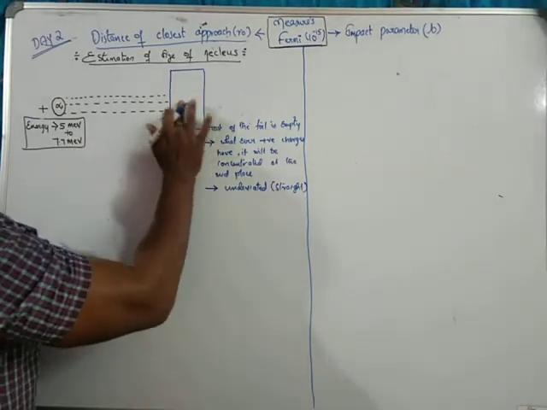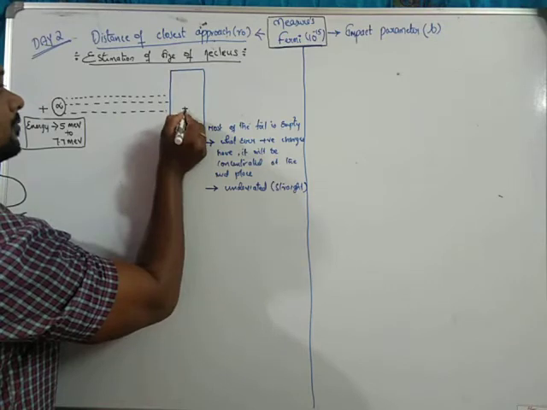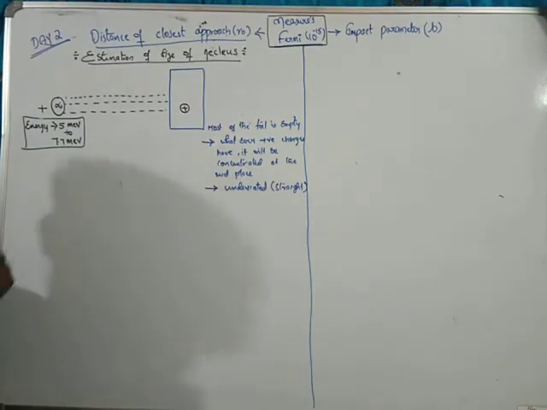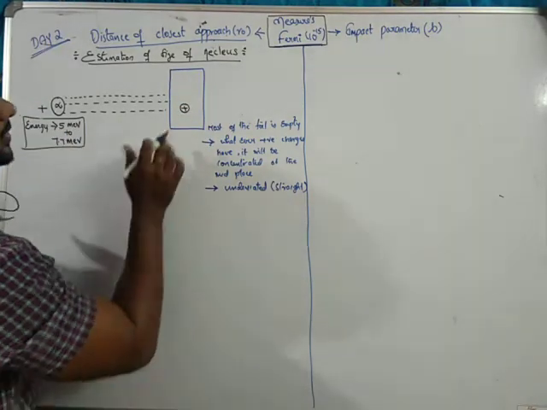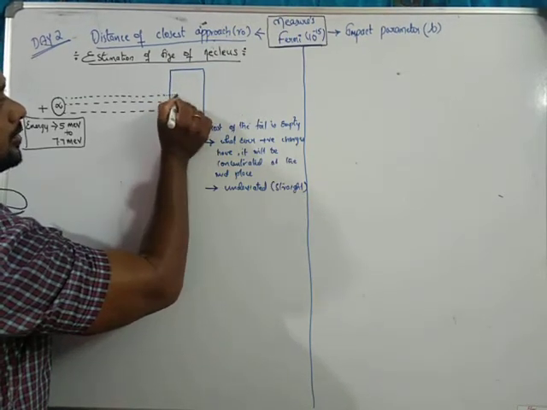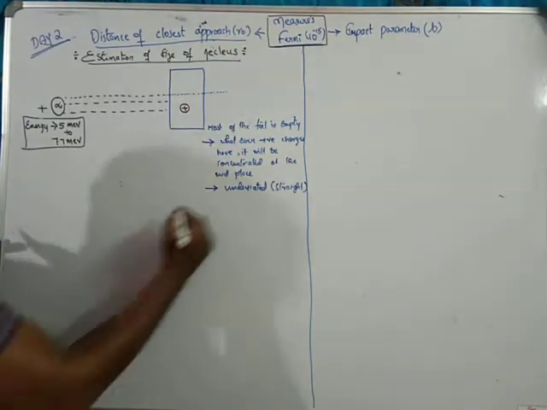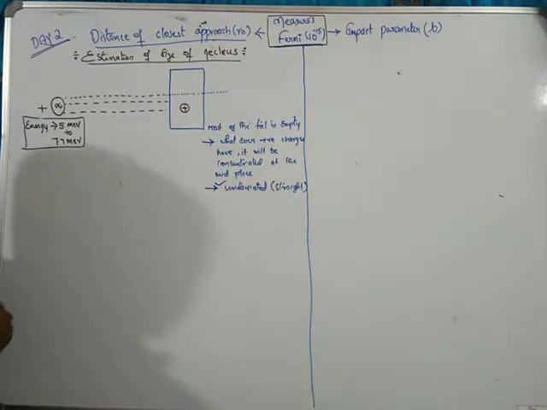Suppose we consider here a positive particle. If you consider the first line, where we have empty space, the alpha particles move in a straight line, which is undeviated.